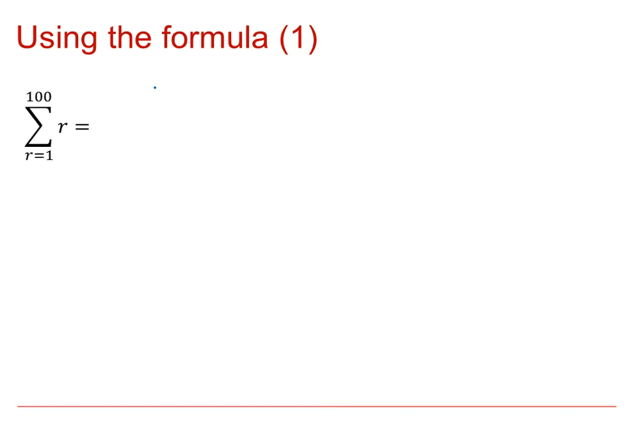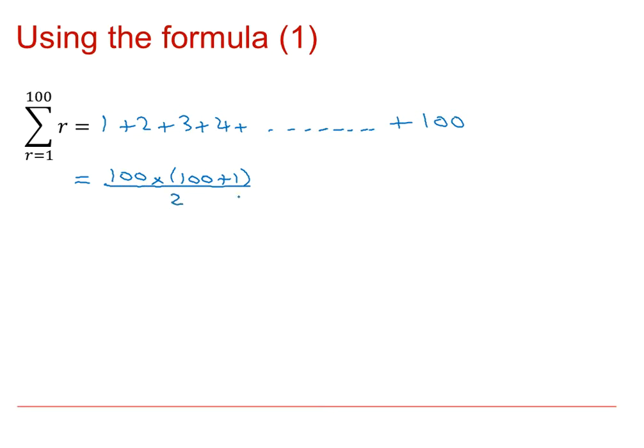A well-known maths problem is to find the sum of the first 100 integers. So we're looking at 1 plus 2 plus 3 plus 4 plus all the way up to plus 100. We can do this now using our formula. We're going from 1 to 100, so our formula says we should be able to get the summation by doing 100 times 100 plus 1, all over 2.